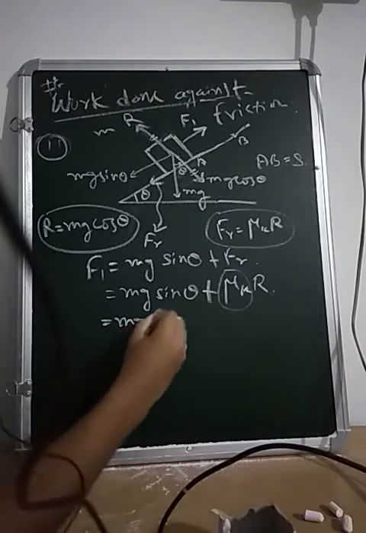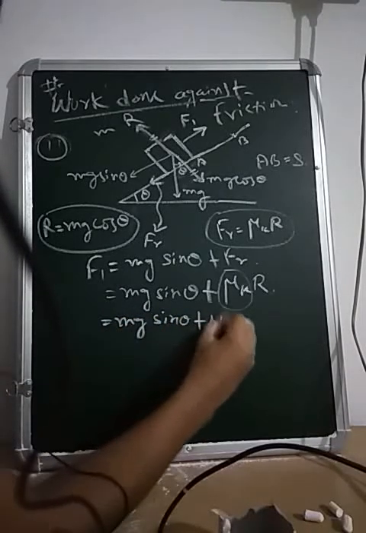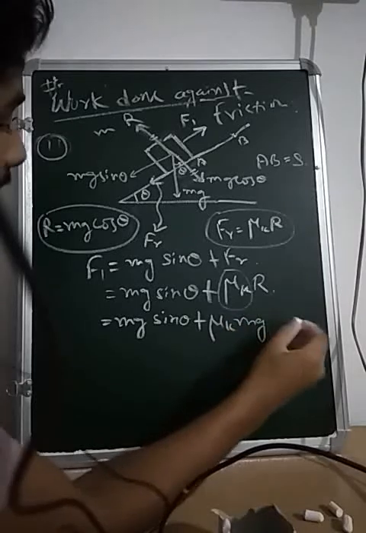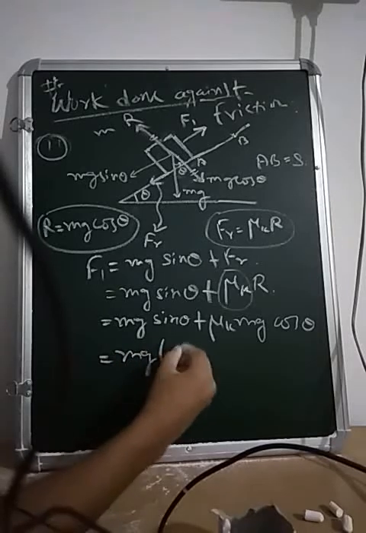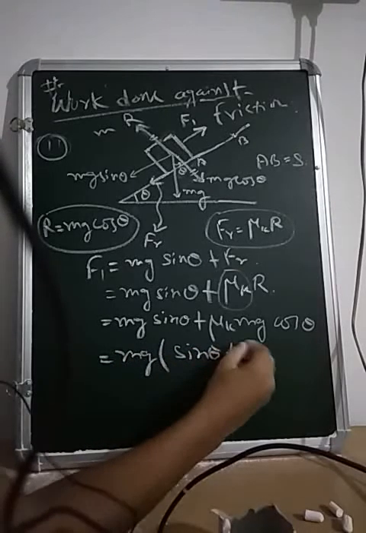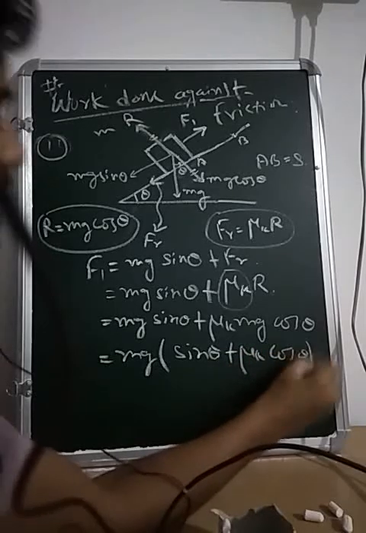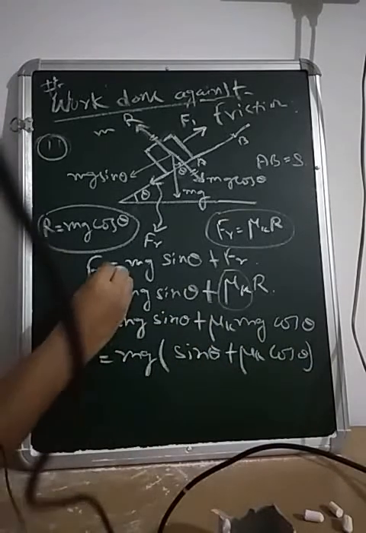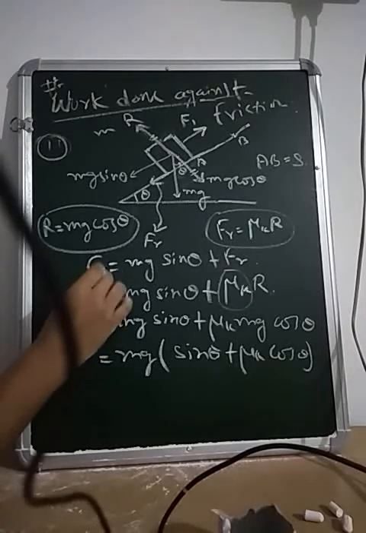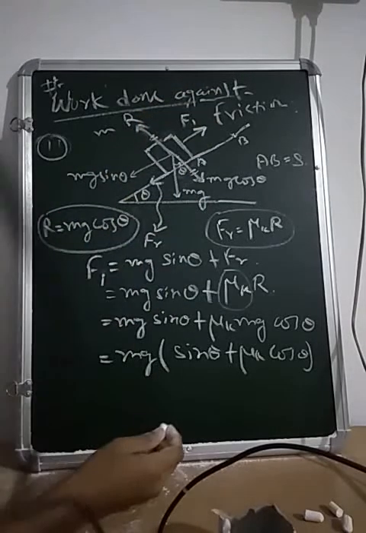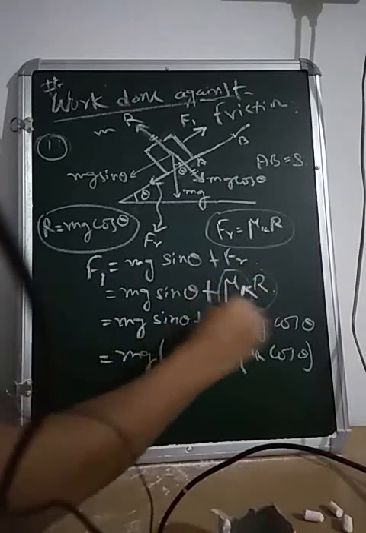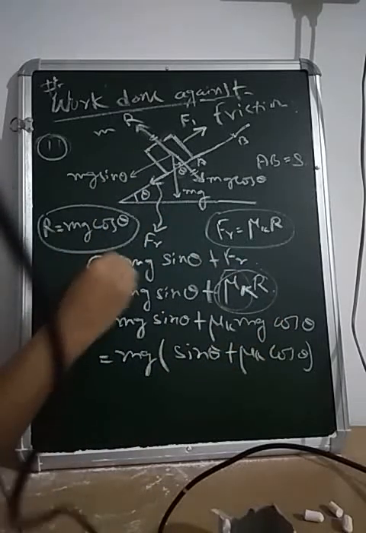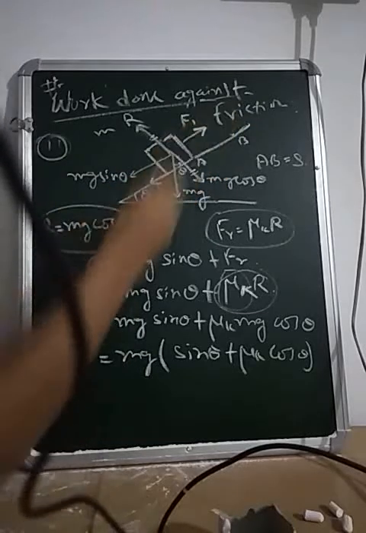So mg sin theta plus mu k mg cos theta. If we take mg common, sin theta plus mu k cos theta. This is the force we require to move the body in the upward direction, if we consider the kinetic friction term, in this inclined plane.